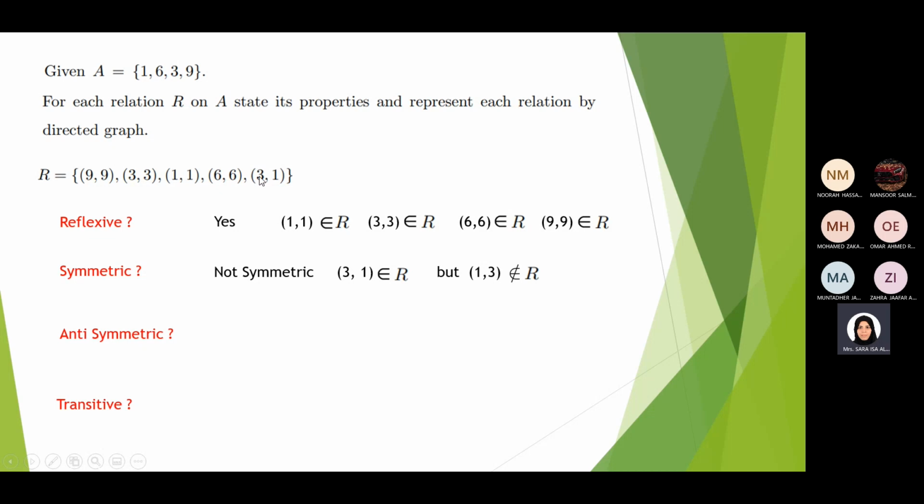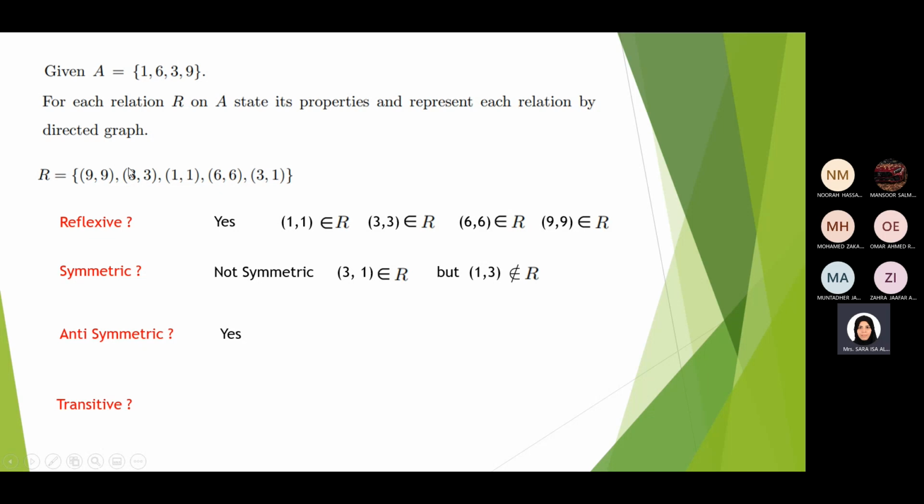Is it antisymmetric? Yes, it is antisymmetric. Why? You notice 9, 9 and 9, 9 are there, so they are equal. 3, 3 and 3, 3 is also included.